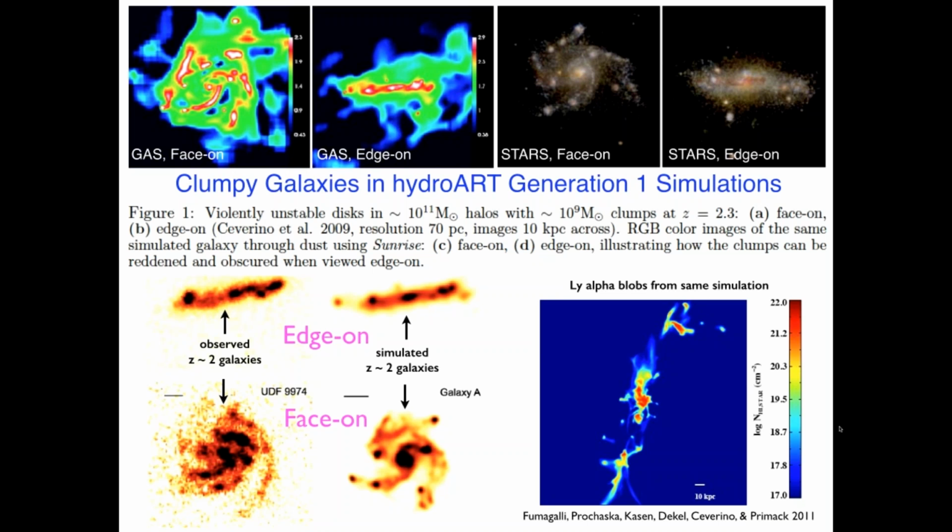At the bottom, on the left-hand side, are 2 observed redshift 2 galaxies, a sort of linear one and a face-on spiral, it looks like. And on the right-hand side are these same simulations that you see pictured above, but degraded in resolution to correspond to what Hubble would see. And what we hope you see is that there's a good deal of similarity between the observations and the simulations.